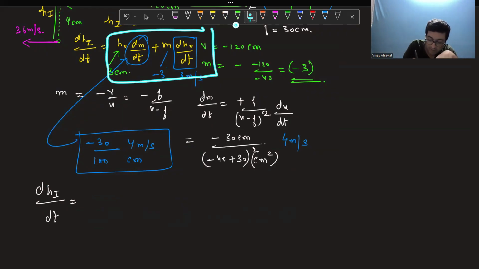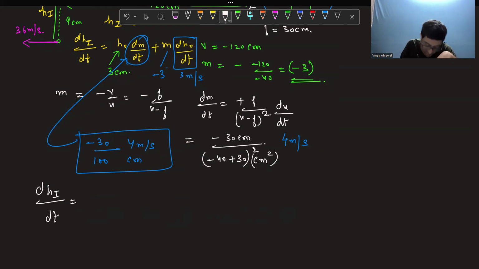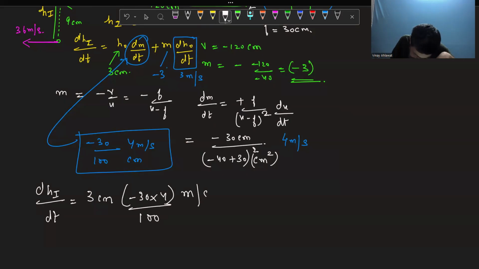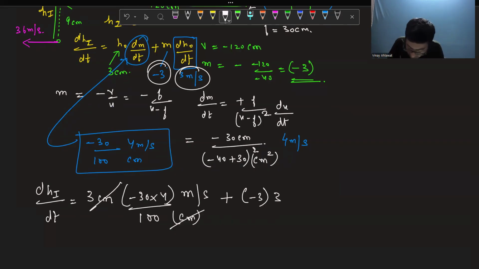I'm trying to write this expression. ho is 3 centimeter into dm by dt, that is minus 30 into 4 upon 100 into meter per second upon centimeter. So this centimeter goes away, so the answer is in meter per second. Plus of this, minus 3 into this 3 meter per second.